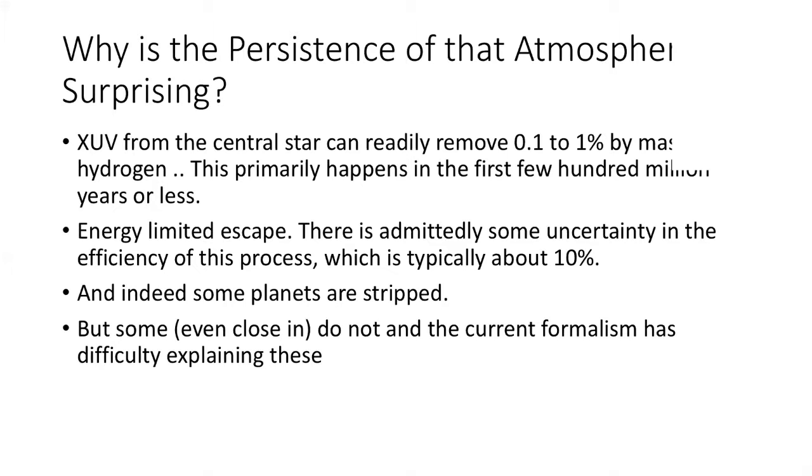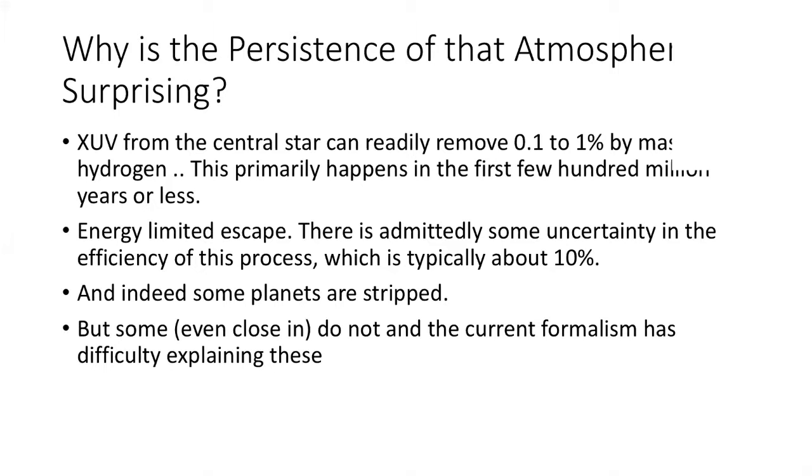It's energy limited escape. There is admittedly some uncertainty in this process. The efficiency is typically about 10%. That is, the incoming XUV energy from the newly formed star is converted at 10% efficiency into doing gravitational work, taking the atmosphere back off. This is in, for example, the detailed models of Ruth Murray Clay, and other people have worked on it as well.